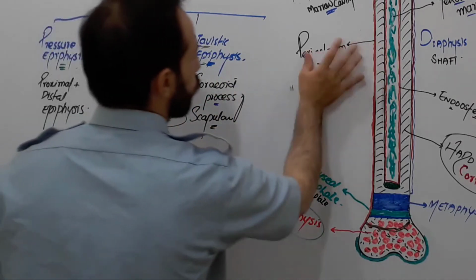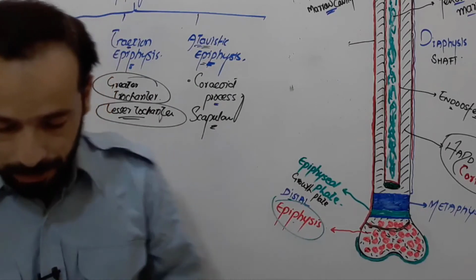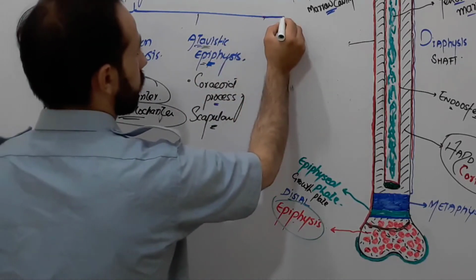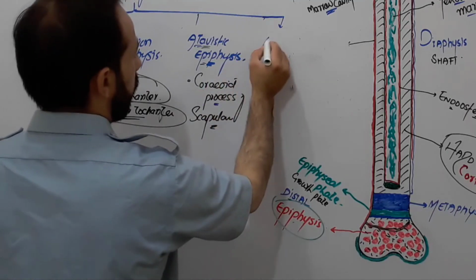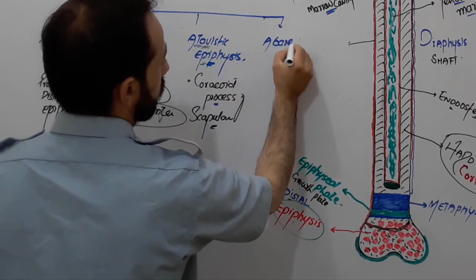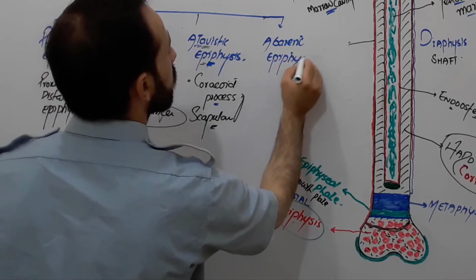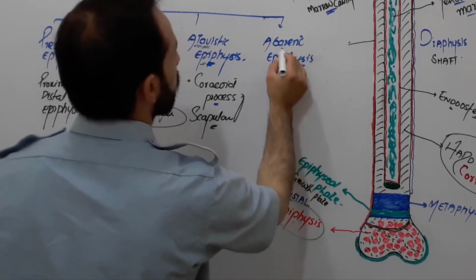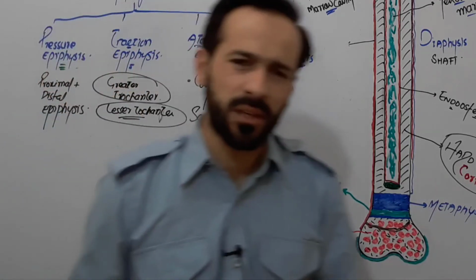Then there is the fourth one, which is called the aberrant epiphysis. For these kinds of epiphyses, the book says that they may be present or they may not be present.